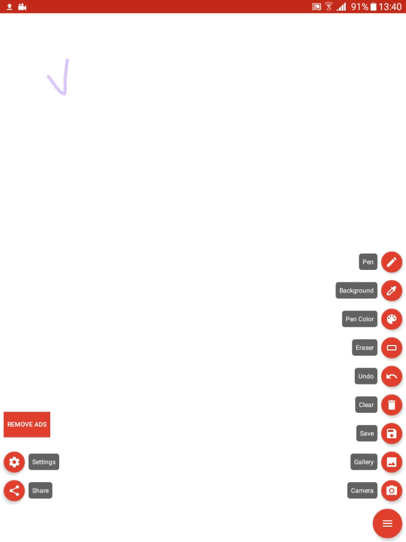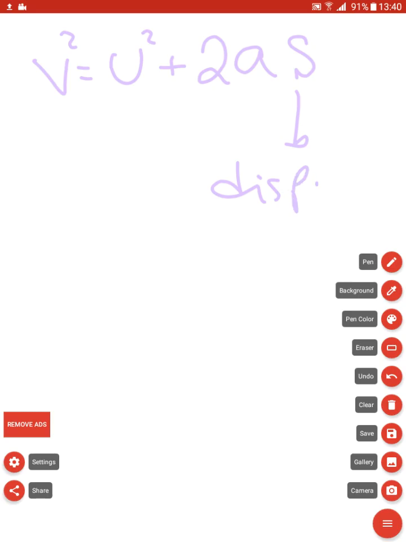We have another equation, which is v squared equals u squared plus 2as. s is the displacement, okay? Now, we can use one of these equations to find the value of the acceleration or another value.